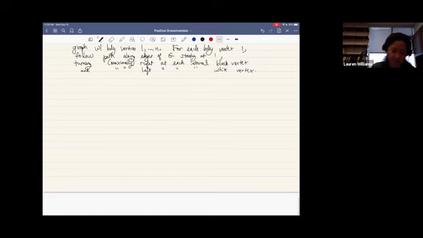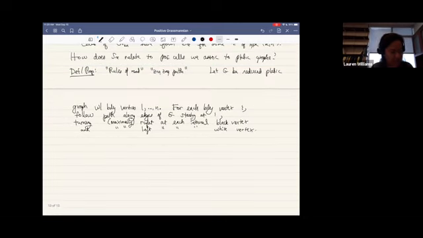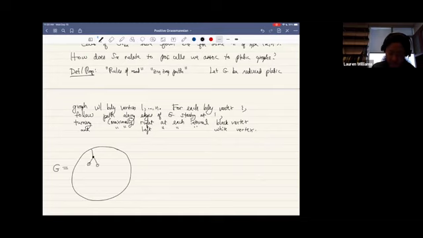So I'm going to show a picture in a moment. Actually, maybe I should just draw the picture right now. So here's a Plabic graph.